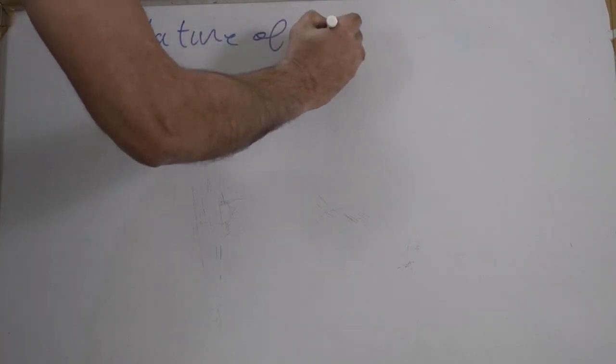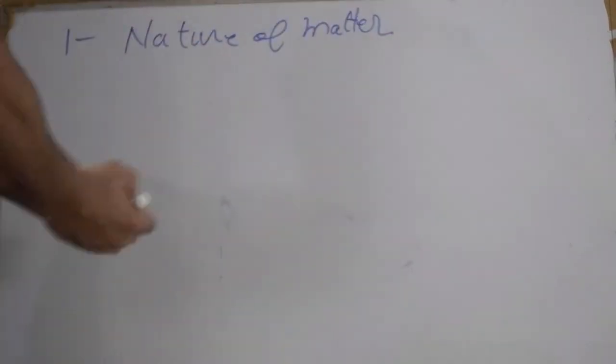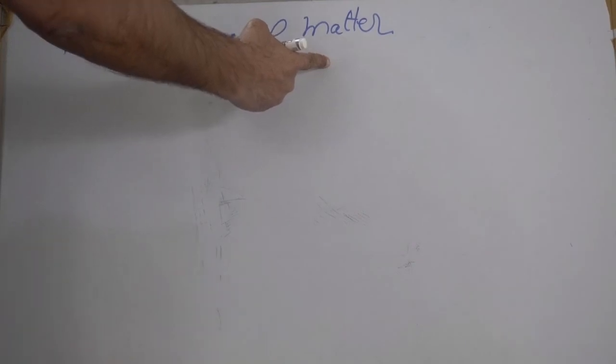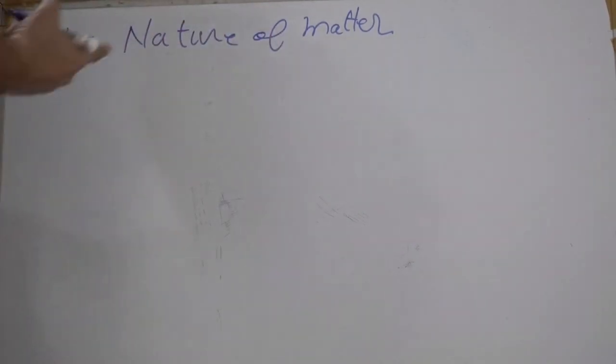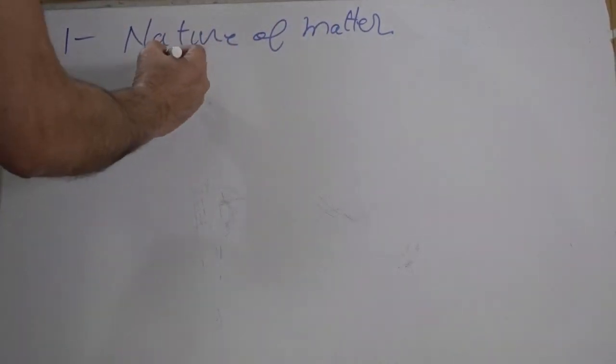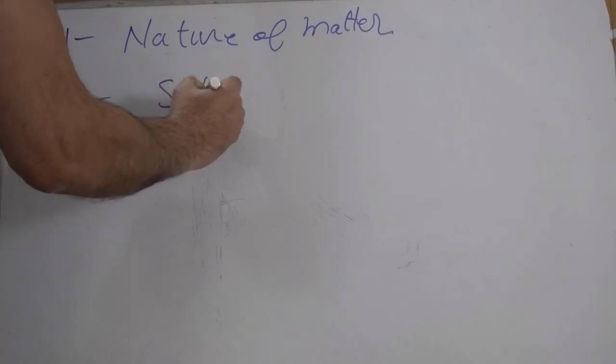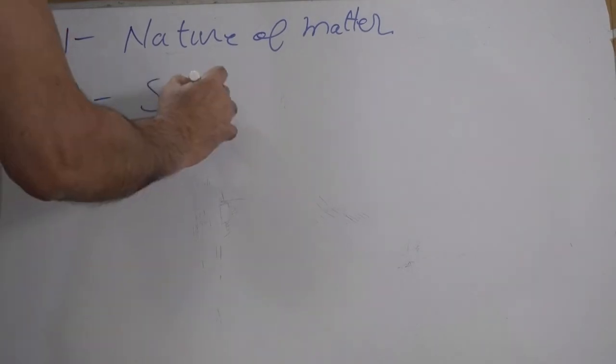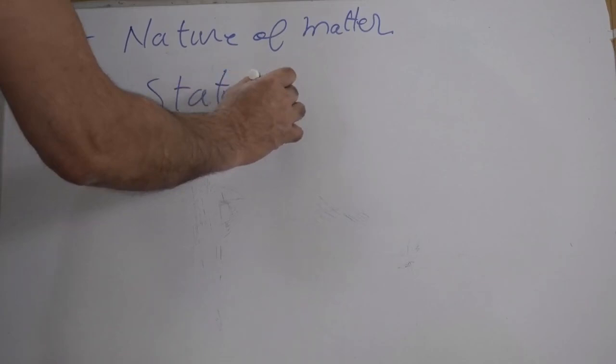In the end, I tell you what we learned today. Number one, we learned what the nature of matter is: matter has mass. Number two, we studied that matter exists in three states, meaning we studied states of matter.